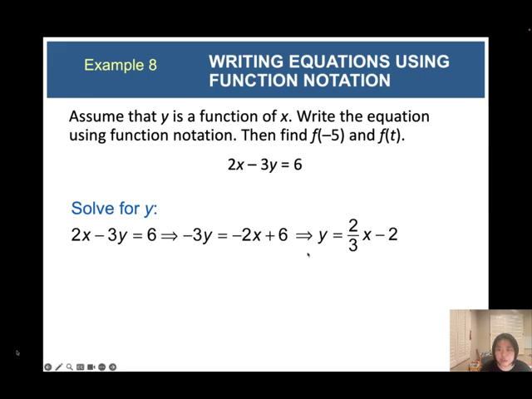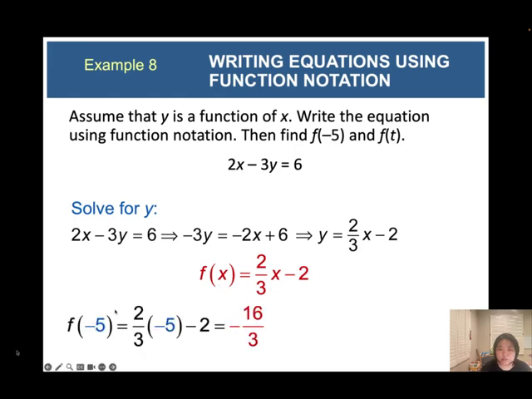Okay, now you have the equation with y equal to. Now we're going to replace the y with your function f of x, and then plug in x equal to negative 5 here. So you should get negative 16 over 3. And find out f of t. Plug it in. That's it.